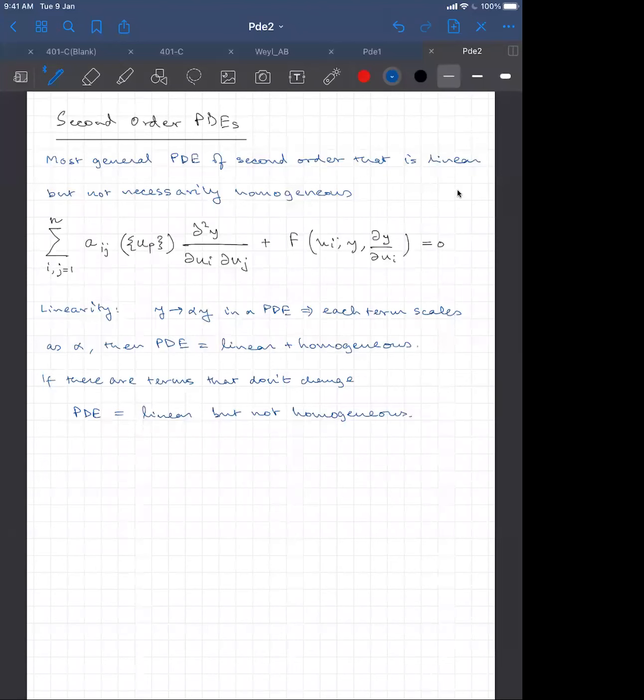Now, we are going to assume that this function of the uis, when we are speaking of a physical system, would have the required properties, like the second order partial derivatives would be symmetric in i and j and so on. So those would be required in a physical system.